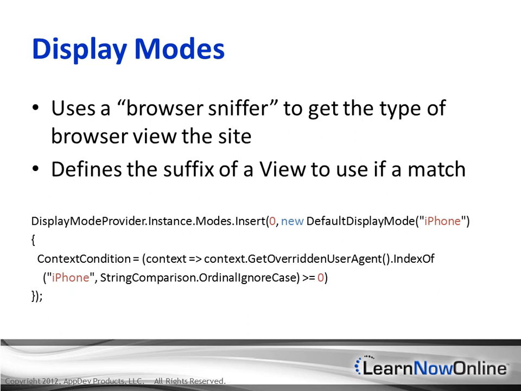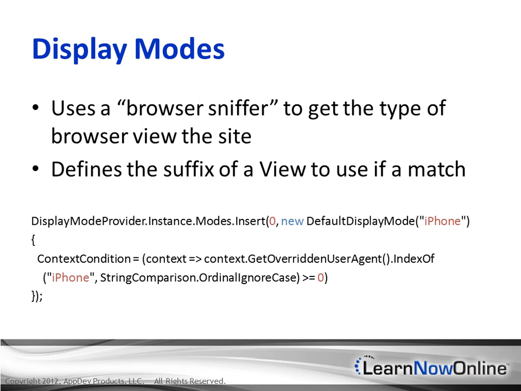So essentially, we're just saying, in this big string that you're telling us what you are, Mr. Browser, do you contain iPhone? If you do, then we have this set of views that we want you to use. Otherwise, go on. So in a sense, this is how display modes pretty much work.